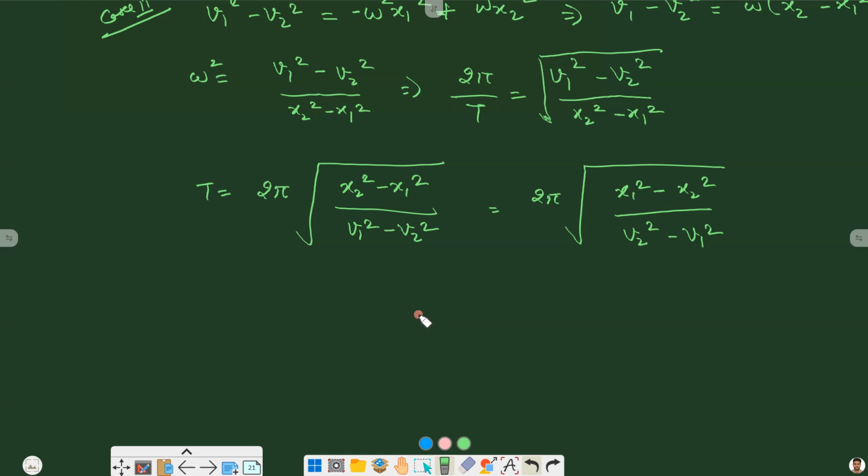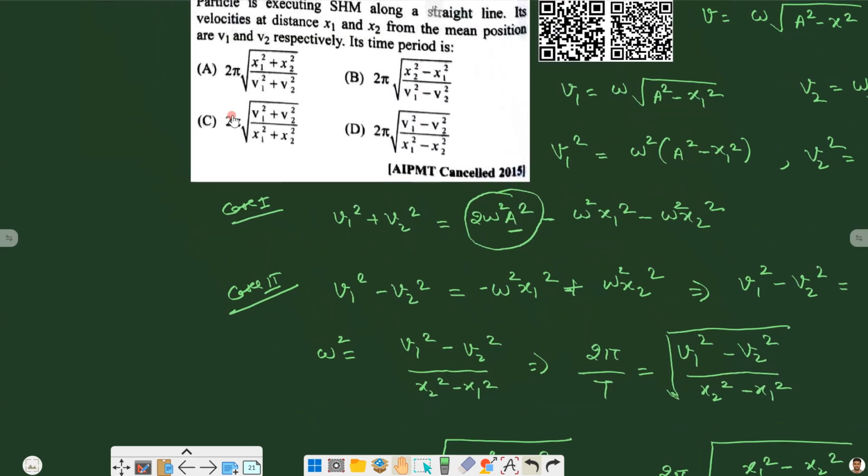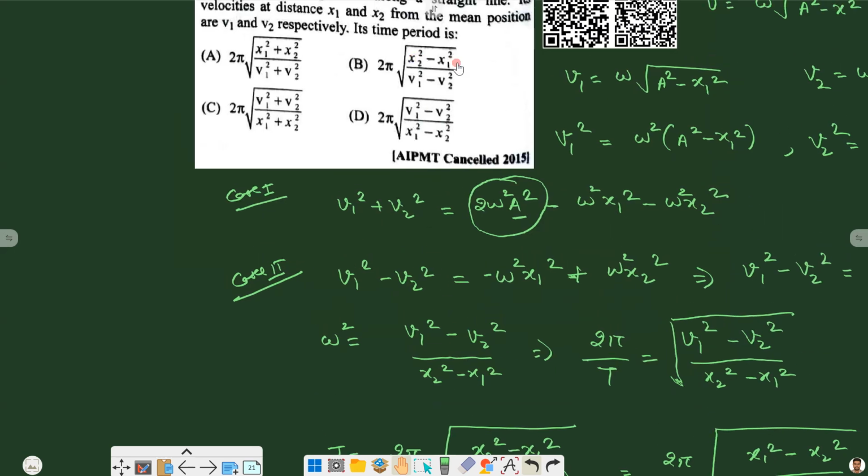Let us compare what we get with the answers. Both the terms are negative, so it matches the form with x2 minus x1 over v1 minus v2 square. So option B matches our answer. Option B is the right answer.